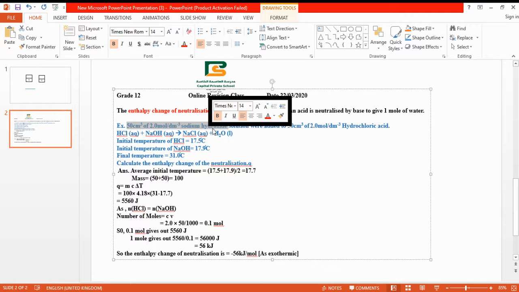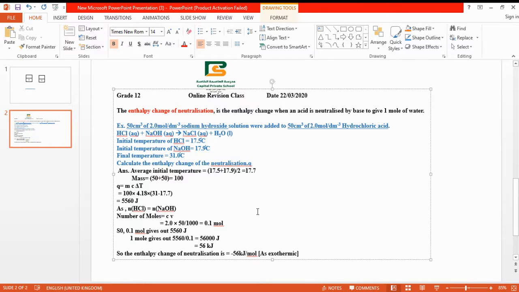What you need to remember are these first two important things. 50 cm3 is the volume, and 2.0 mol per dm3 is the concentration of the sodium hydroxide. For the hydrochloric acid also, 2.0 mol per dm3 is the concentration and 50 cm3 is the volume.